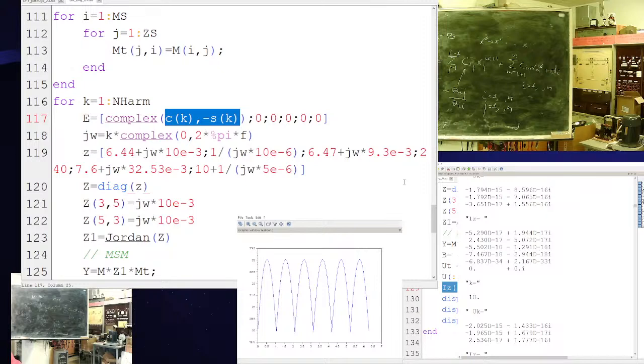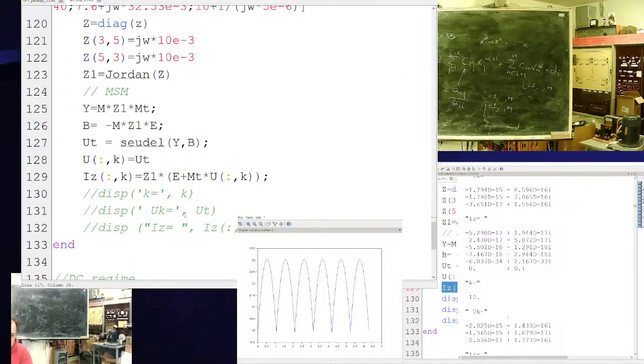This calculus is performed in instant values, in max values, not effective, because I need these voltages as instant values. If I would like to see voltages as voltmeters show on a particular frequency, I will need to add the square root of 2.